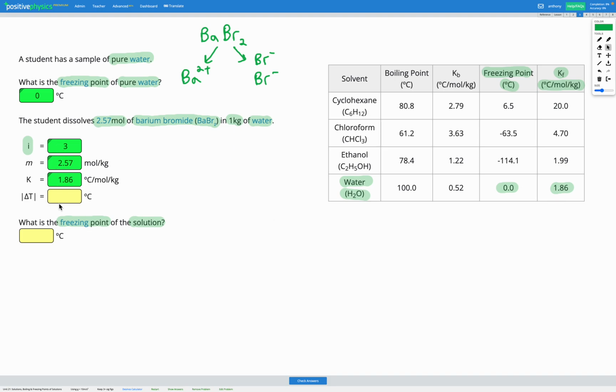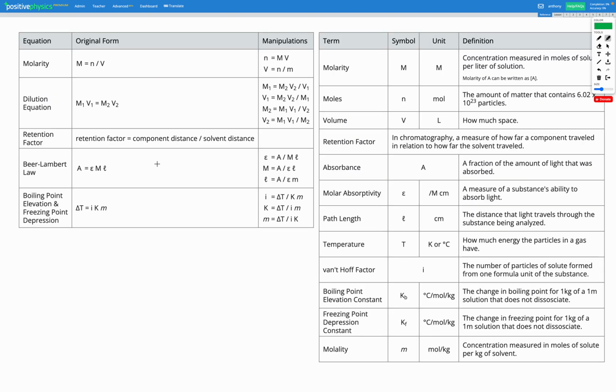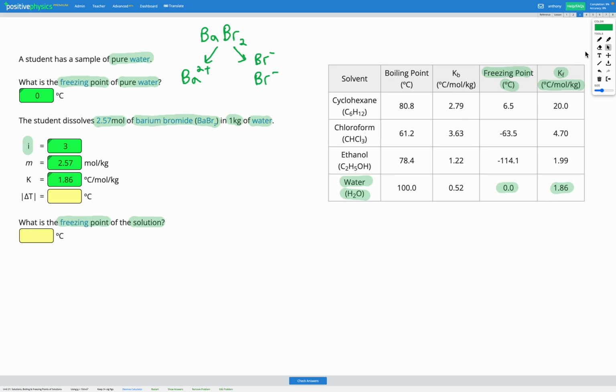Lastly, we can use these to calculate the change in the freezing point for pure water. So let's head to our reference sheet and find an equation. Here's our equation for boiling point elevation and freezing point depression. Delta T equals iKm. Let's write that down.